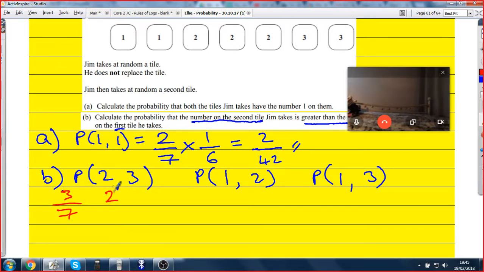They already took one. So after you take a 2 tile, 6. Yeah. And then 2 out of 7.